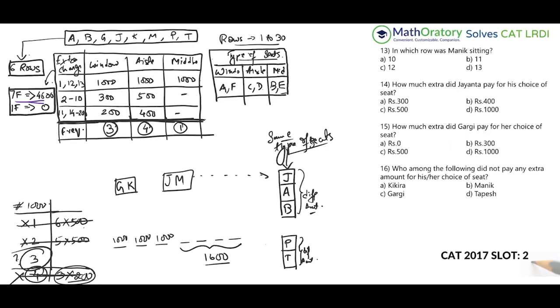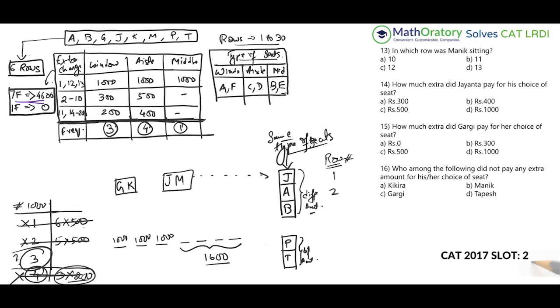Now what I'm focusing on, rather than the numbers, are the row numbers. So what are the row numbers that are possible, which can amount to different values? Check this out. You cannot pick up 1, 2, 3 or something like this. If you pick up 1, 2, 3, then 2 and 3 pay the same amount, whichever they are, right? Whether they both are on window or both are on aisle, they pay the same amount.